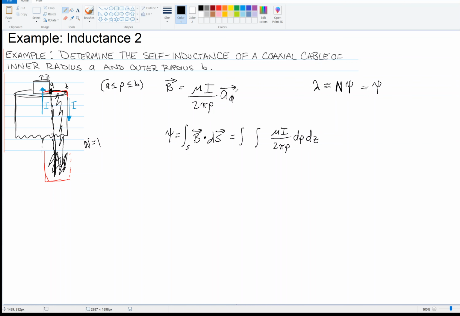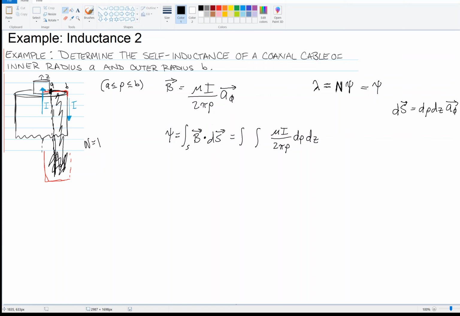And because it's in the phi direction, remember the surface element when rho and z change is d rho dz a phi. So when you dot dS with B, the a phi dotted with the a phi is equal to 1. So we're left with this inside the integral.